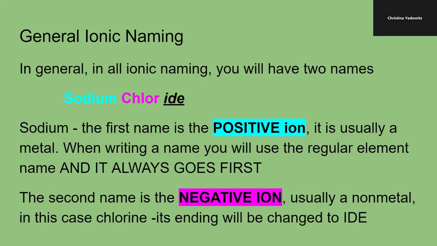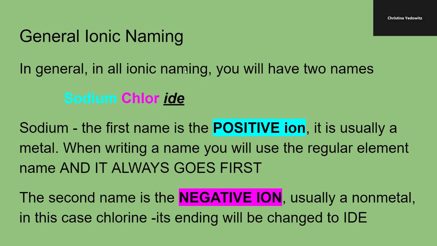Okay, the second part of an ionic name, so technically this first one that I have in light blue, this is going to be the one that's considered to have a positive charge. When you memorize your charges, you're going to notice all the metals are positive. A couple of the nonmetals sometimes will do positive charges, but not very often.